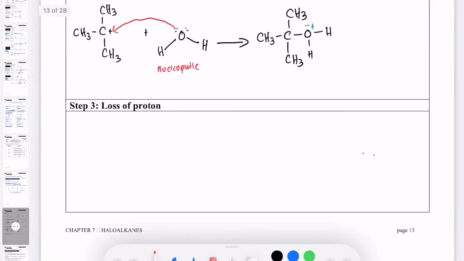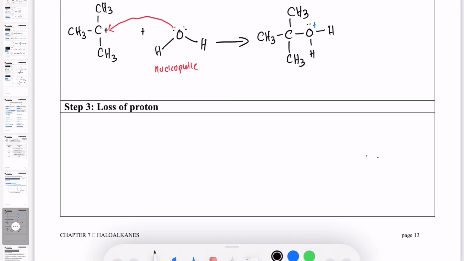So loss of proton. Jadi kita ada Br negatif tu.